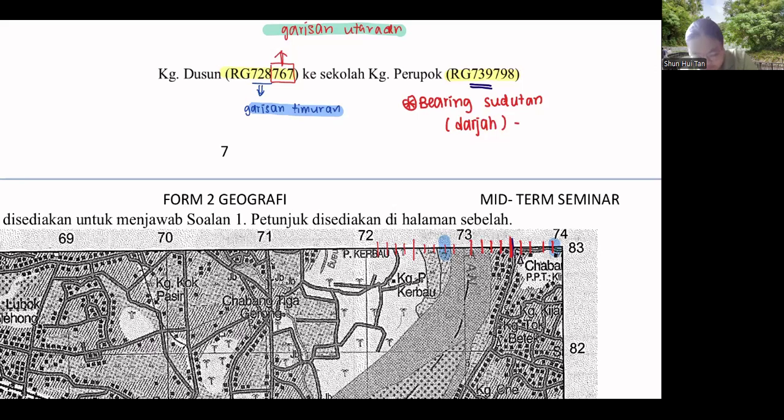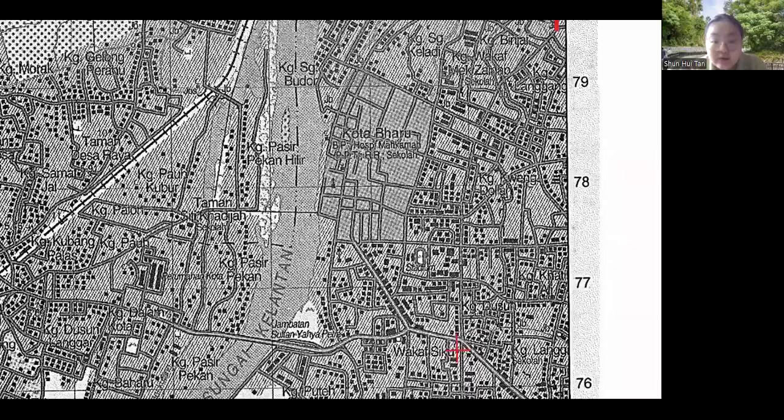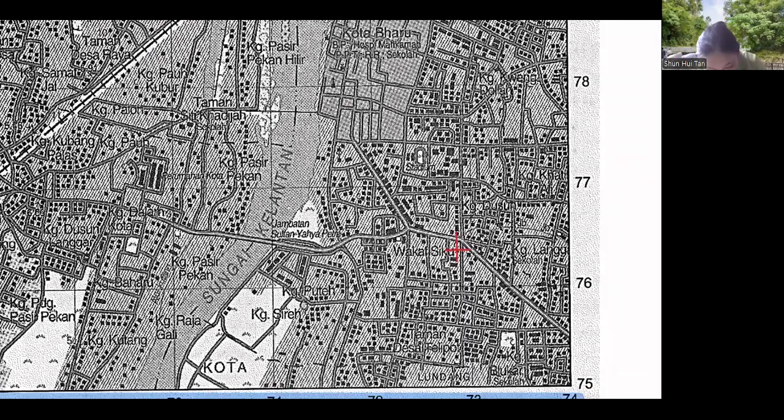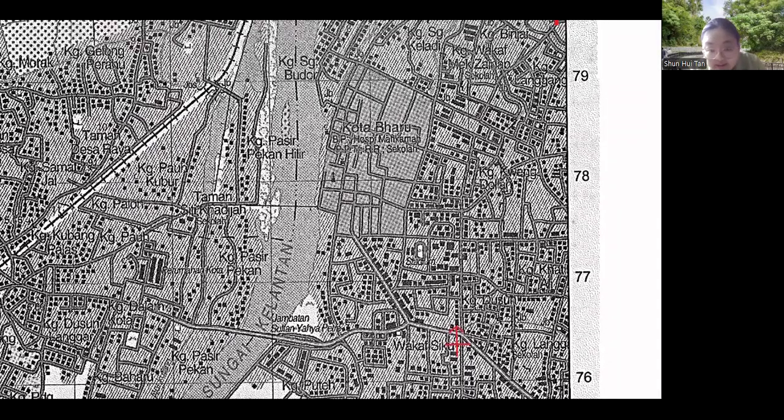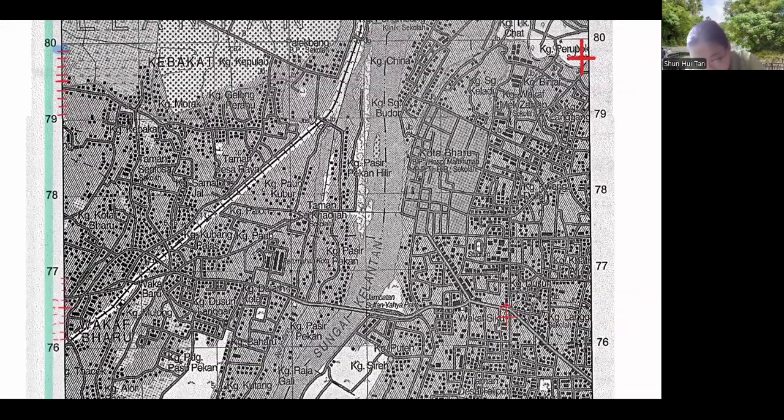It's a way to determine direction. But you're going to use a protractor. All right. So they say from Dusun to Kampung Perupuk. So where are you? You are in this area. So you draw arah mata angin and then you use your ruler to connect it.